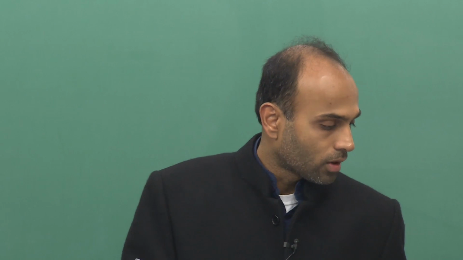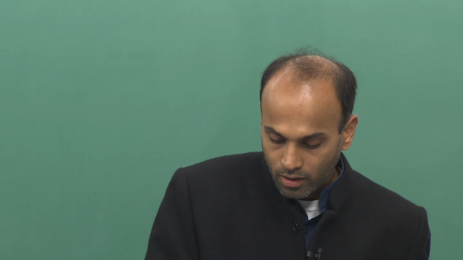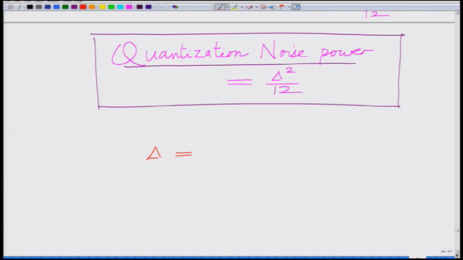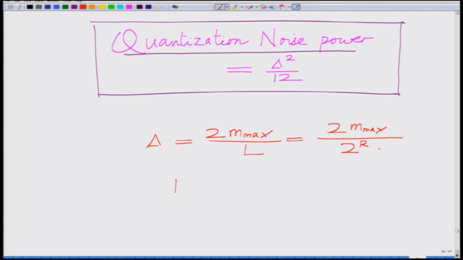Now, let us again reformulate delta. Delta equals 2 m max divided by L, which is equal to 2 m max divided by 2 to the power of r, where r equals log L to the base 2, the number of bits. Because if we have L levels, for instance, let us say we have L equal to 8 levels, we need 3 bits. All possible combinations of 3 binary information bits give us 2 to the power of 3, that is 8 levels.